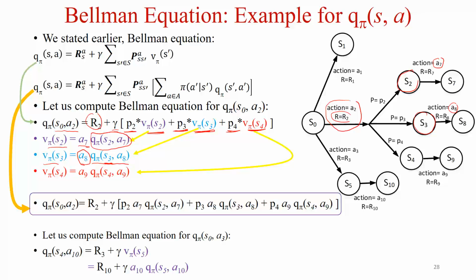And similarly, I can replace the state value S4 by multiplying action A9 with the action value function of A9 when leaving state S4.